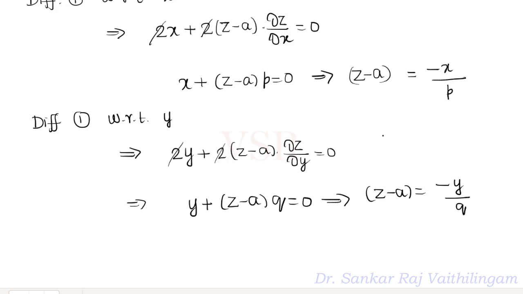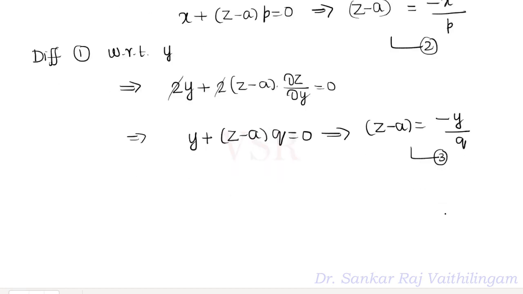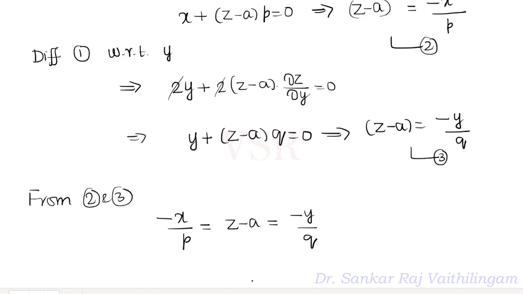I call this 2 and this my 3. From 2 and 3 we have minus x by p must be equal to z minus a that is equal to minus y by q.